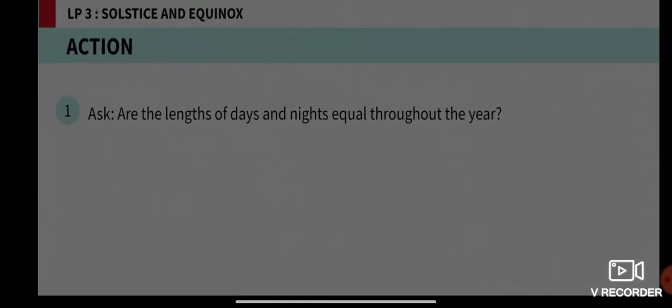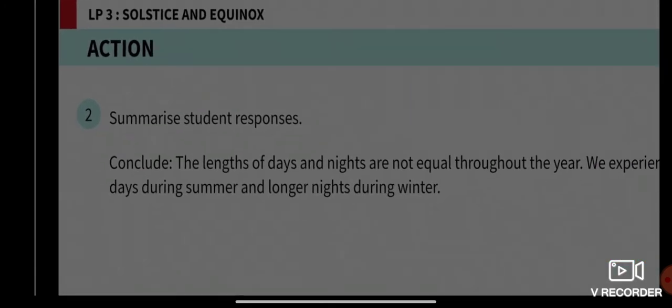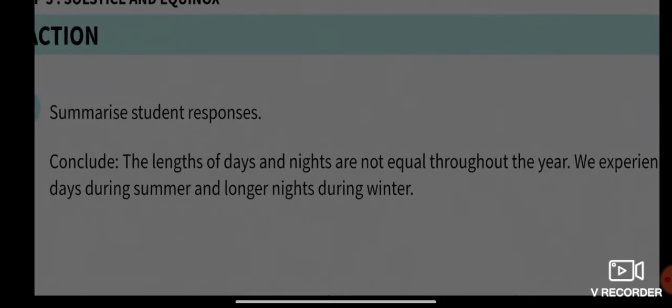Alright, question here is, are the lengths of day and night equal throughout the year? Have you experienced the length of a day and night equal throughout the year? The answer is actually no. The length of days and night are not equal throughout the year.